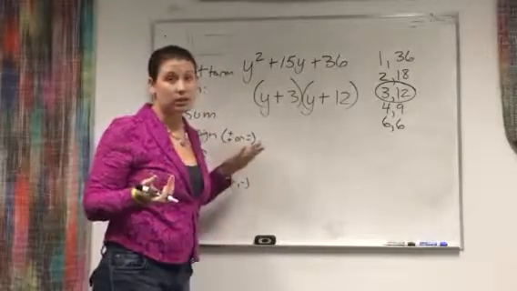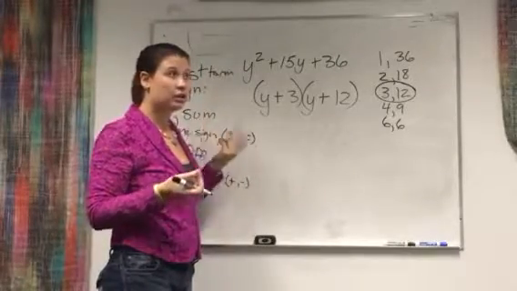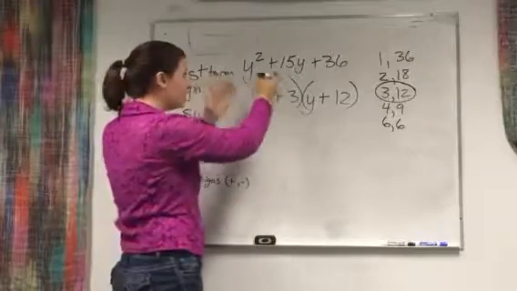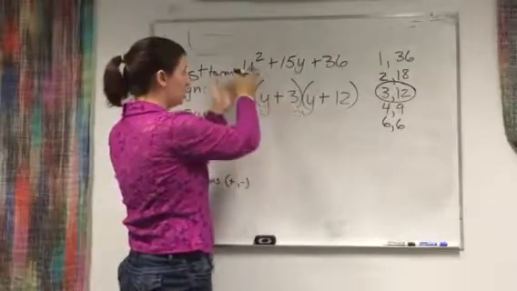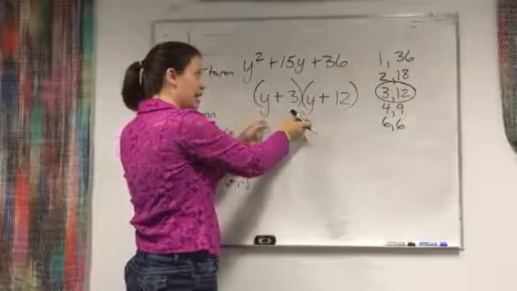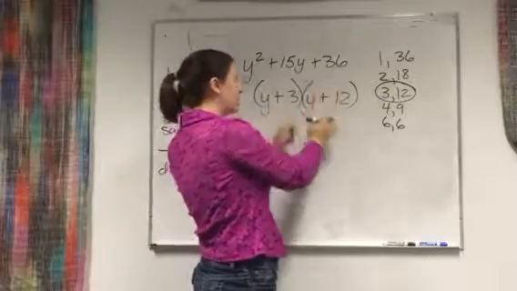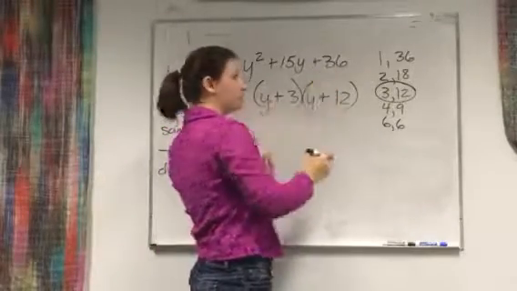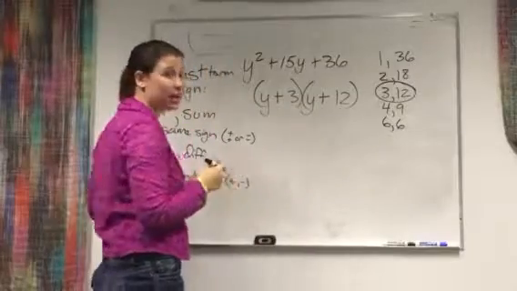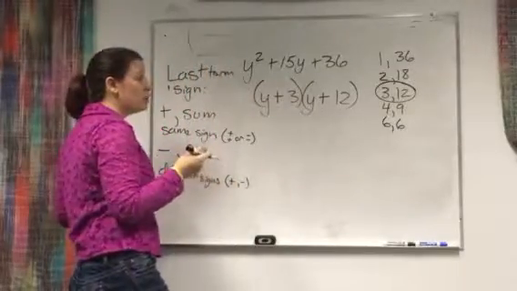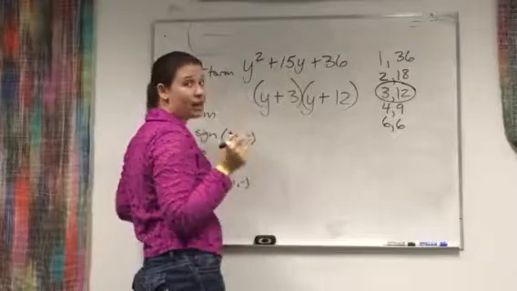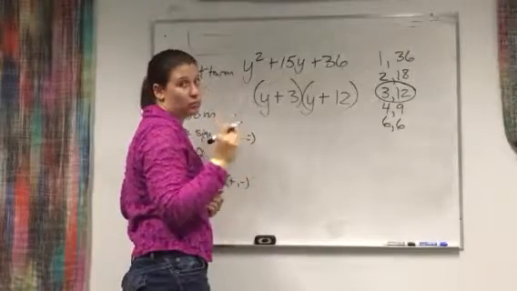And to check it, we really only need to check two parts of FOIL. We're guaranteeing the first, because y squared is y times y. And we're guaranteeing 36, since 3 times 12 is 36. That's first and last, guaranteed. Now, the middle term comes from the outer and inner multiplication.